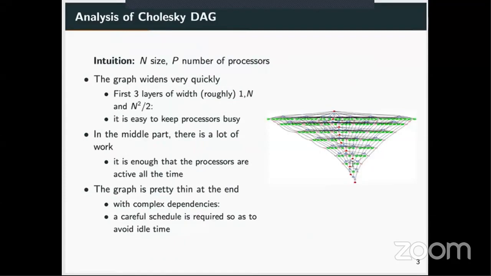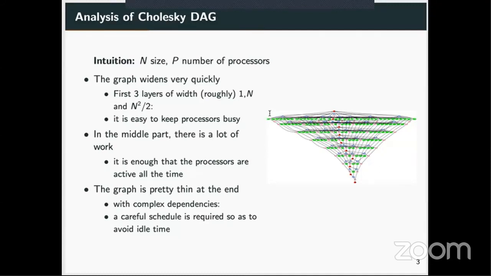So if we look back at the Cholesky graph, we can observe that there are 3 different regimes and 3 different phases. So at the very beginning, there are very few tasks, but this part is very short because after the first POTRF, we already have plenty of tasks.